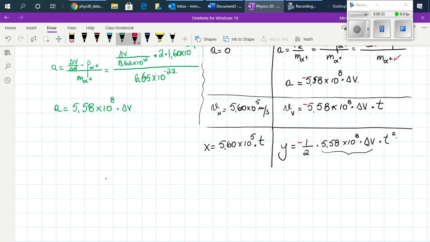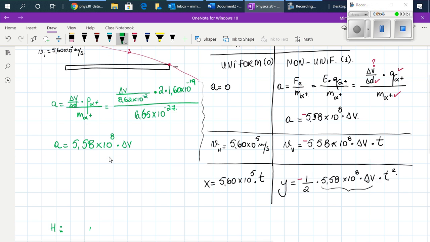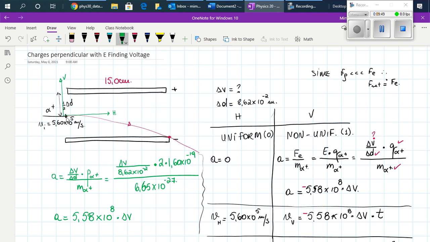From the horizontal, x is equal to 5.60 times 10 to the power of 5 times t, we have that the alpha particle is moving 15 centimeters. How do we know this? Because it is barely passing the plate.